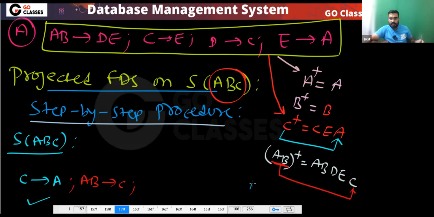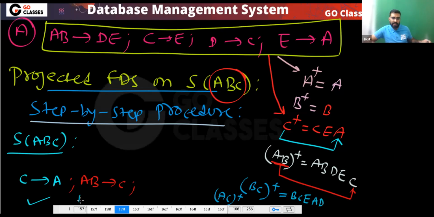What else? Now similarly, step by step, you find the BC closure, and then the AC closure. The BC closure will be BCEAD, right?